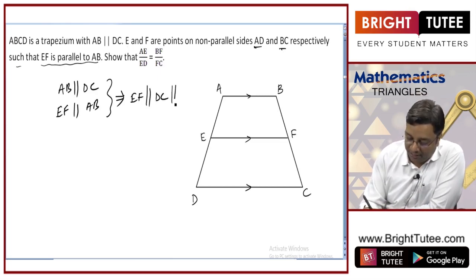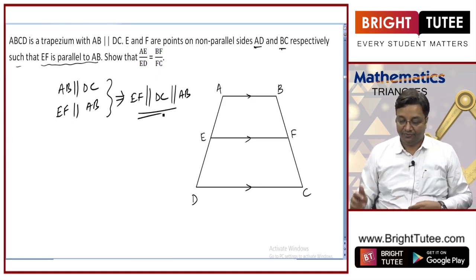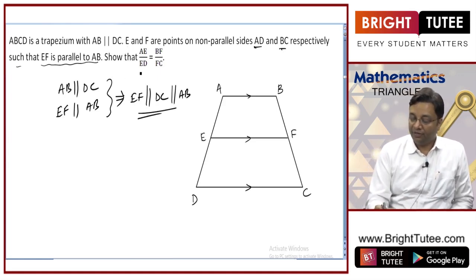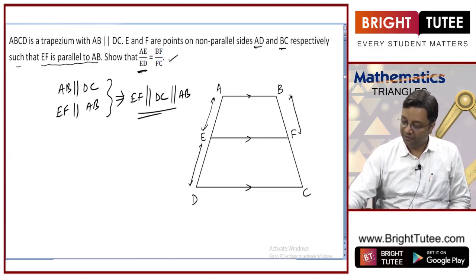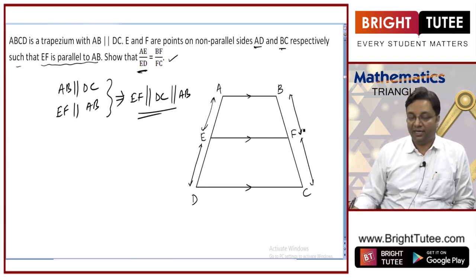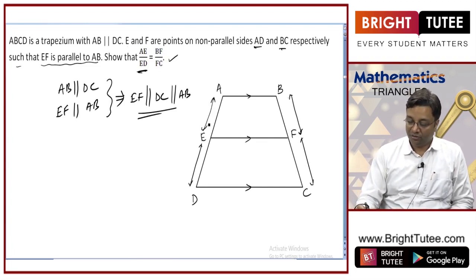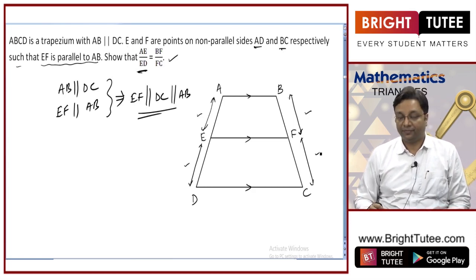So all the three lines are parallel to each other. Now we need to show that AE by ED is equal to BF by FC, right? I need to talk about the ratios of these lengths.